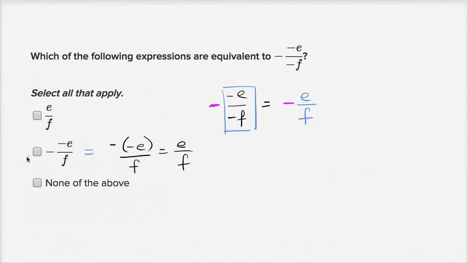We could say that this thing, let me write it over here, is negative e over negative f. This is also a legitimate thing to do. You can take this negative and multiply it times the denominator right over here. But either way, it's going to be equal to positive e over f. These two actually evaluate to the same expression. So here I would select, finally, I've been waiting to select none of the above. All right, hopefully that helps.